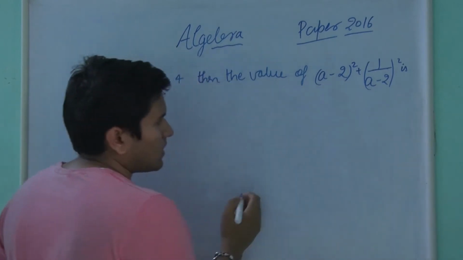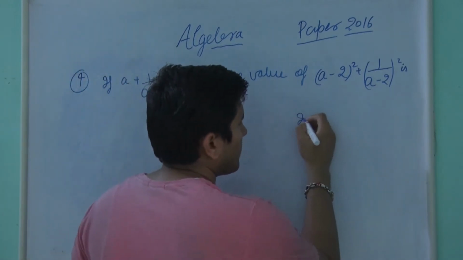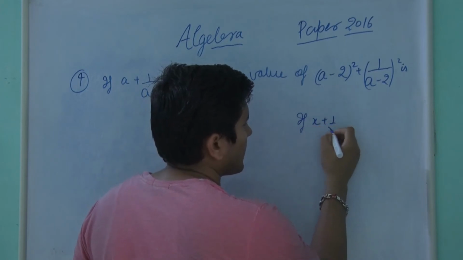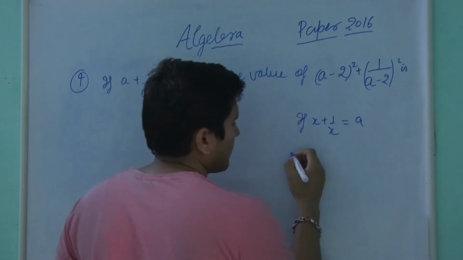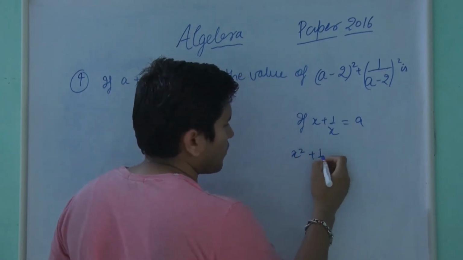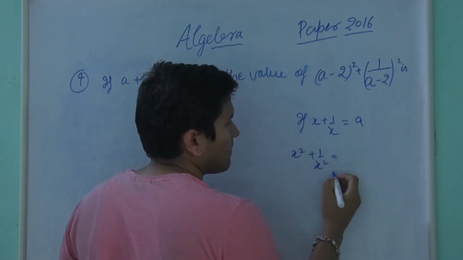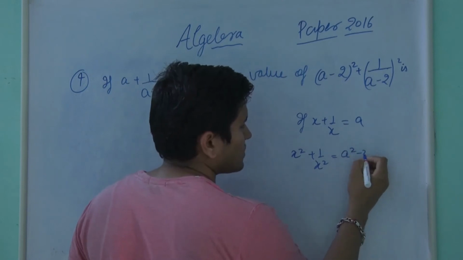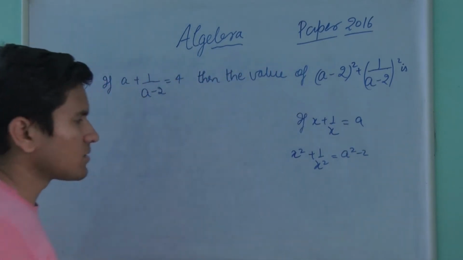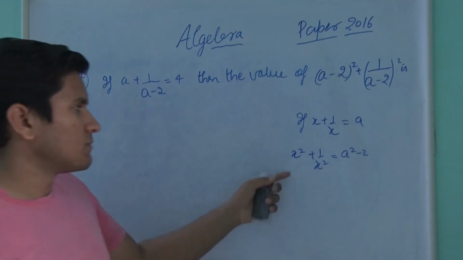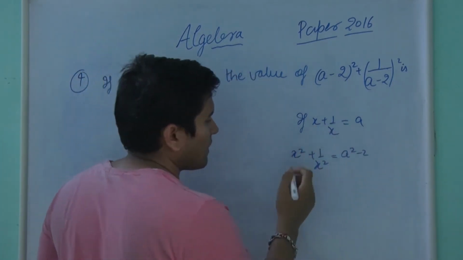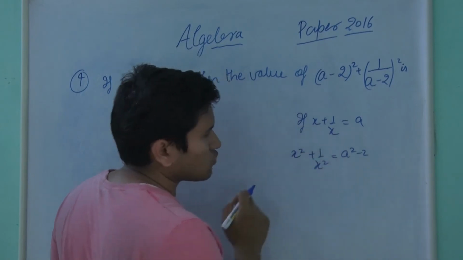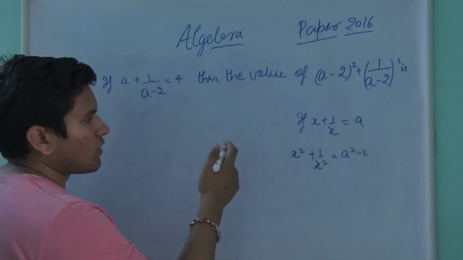I am putting it here: if we are given x plus 1 upon x equals a, and we have to find x square plus 1 upon x square, then it will equal a square minus 2. Now you should know how this comes. Squaring both sides, we get x square plus 1 upon x square plus 2x into 1 upon x.